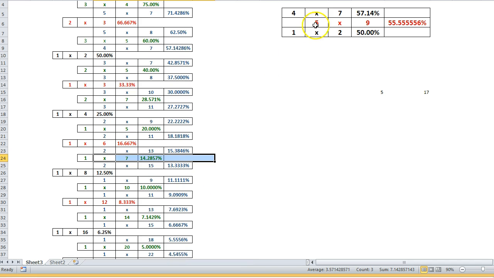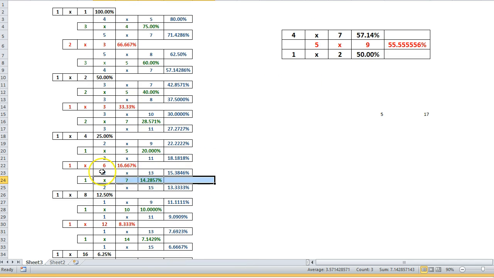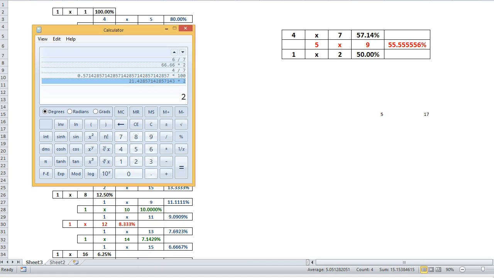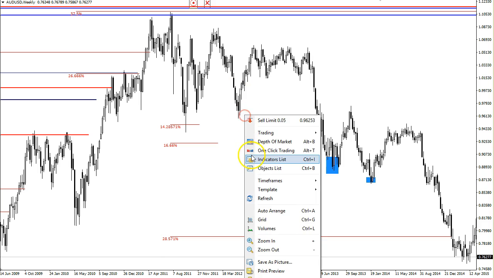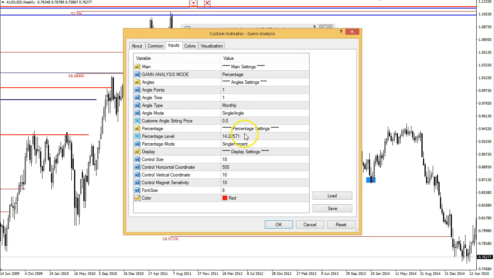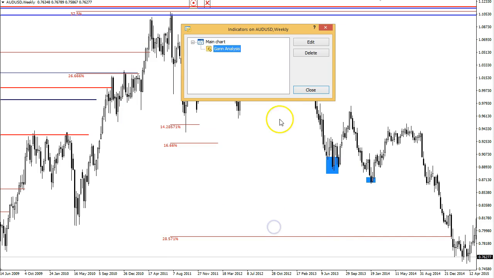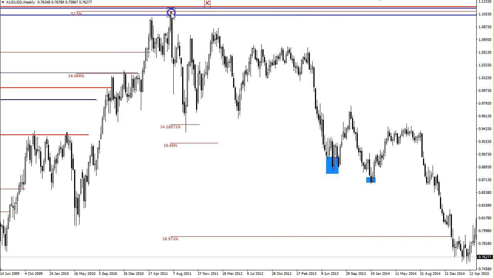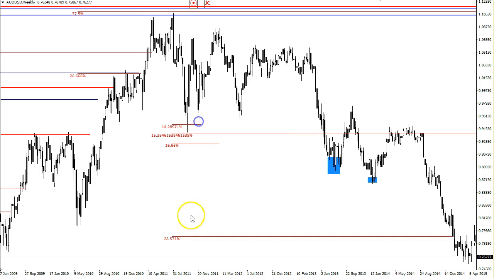Let's take the halfway between both of them. It's 15.38461, which is coming from 2 by 13 divided by 100. So I can take the full percentage. Didn't really work.